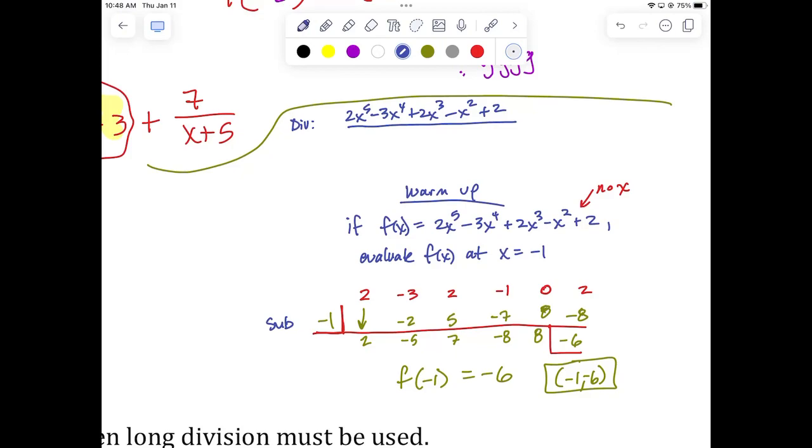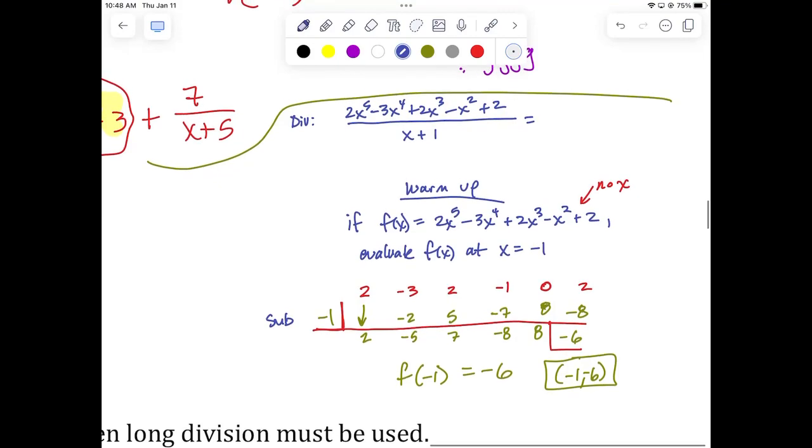If I synthetically substitute -1, what is the factor that's the divisor? Is it x -1 or x plus 1? Plus 1. It's the opposite, right? The factor is the opposite, because -1 is the root of x plus 1. So if I divide by x plus 1, then I get the quotient. What would the quotient be?